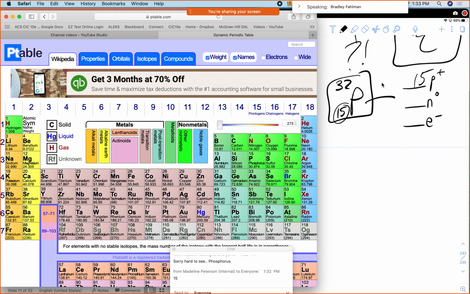How many electrons? Same number, because it's a neutral element here, so it has to have the same number. And what about neutrons? 17, yeah. For neutrons, you always do this number minus that number, the top minus the bottom one.